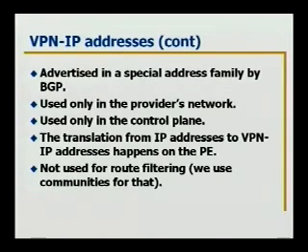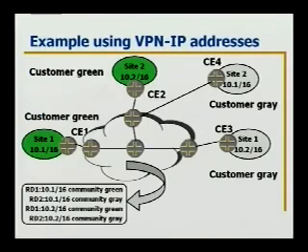The most important thing to keep in mind is that these route distinguishers are not used at all for route filtering. We use the communities, the route targets, to do that. The route distinguishers are only used in order to enable use of overlapping address space. So let's look at the same example as before, and let's see how the use of route distinguishers fixes the problem.